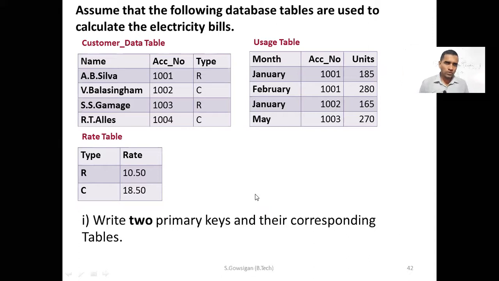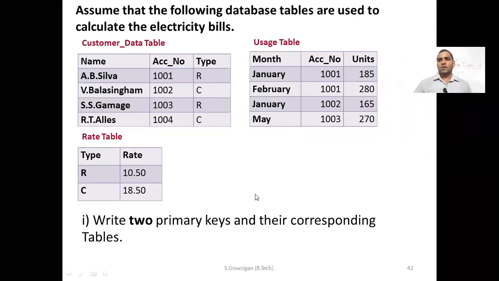Even though the question is just write 2 primary keys, you must write them with the table name, because without the table, we cannot identify the tables in which the fields belong. So field names, which means primary keys, must be given along with the table name.